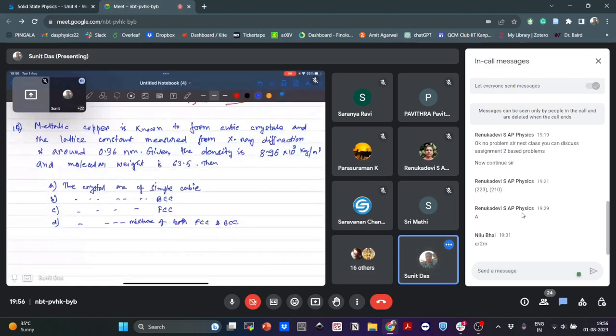We have not been told whether it forms simple cubic, body centered cubic, or face centered cubic. The lattice constant measured from X-ray diffraction is around 0.63 nanometer, and the density and molecular weight are also given. So we need to find what type of crystal it is: simple, BCC, FCC, or a mixture of both BCC and FCC.